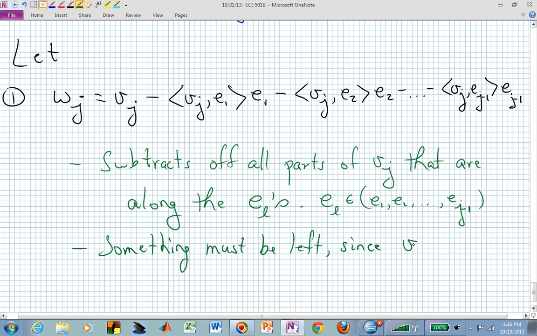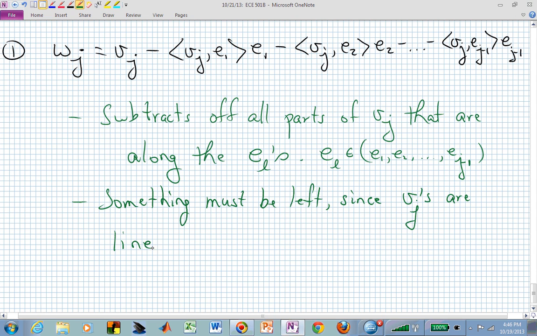Or, what I'm trying to say is something must be left over, since the V sub j's are linearly independent. Or maybe I should call it something else since we're playing with V sub j. Maybe I say all of these V sub i's are linearly independent.